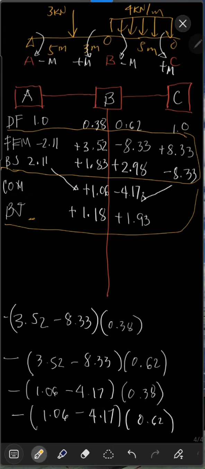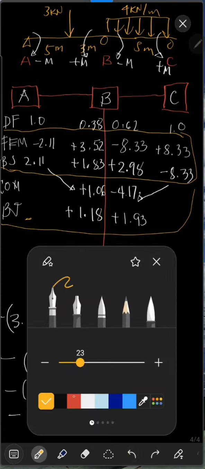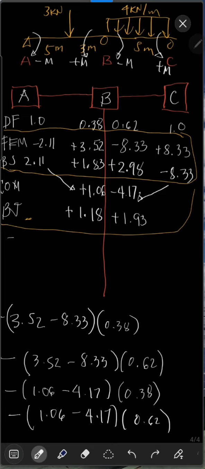There is no more balancing of joint for A. So when you sum up for the final moment, negative 2.11 plus 2.11, that is 0.